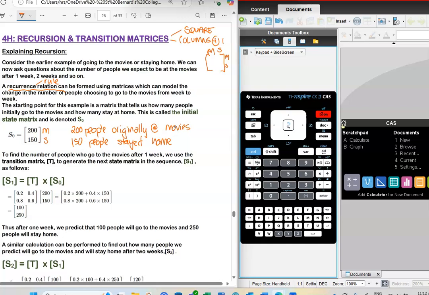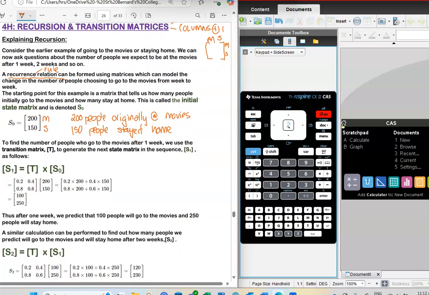So we use a transition to shuffle it or to predict the future, and then the state matrix tells us how many. So at S0, we know that's the beginning. So when you go to get S1, this would be the next week, the week after S0. And then S2 would be the week after S1 and so on.